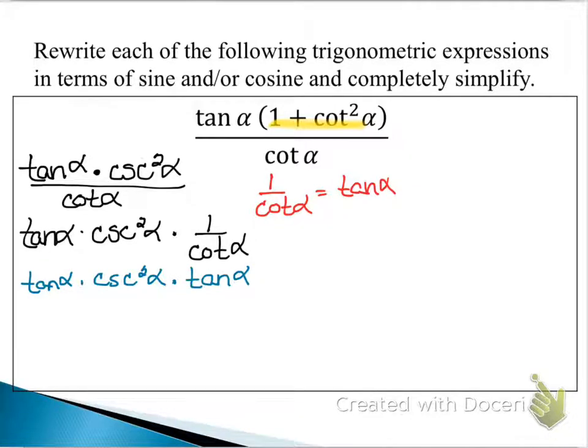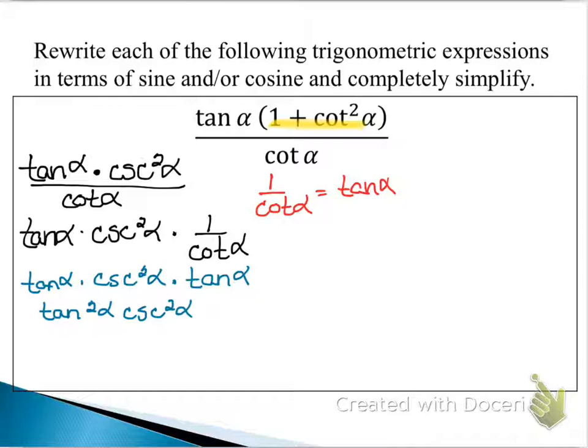All right. So now let's see, how are we going to tackle this? We're going to go ahead and multiply the tangent alphas to get tangent squared alpha times cosecant squared alpha.